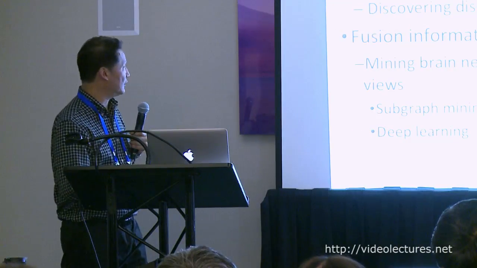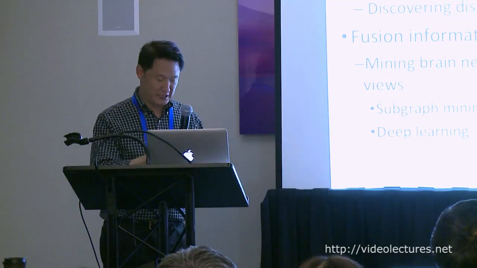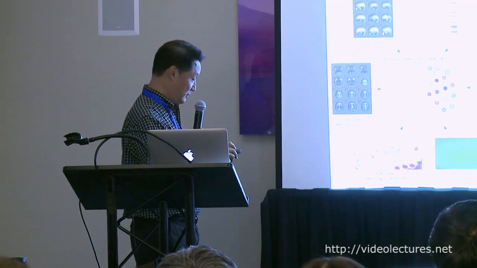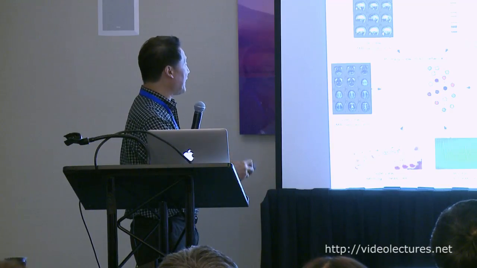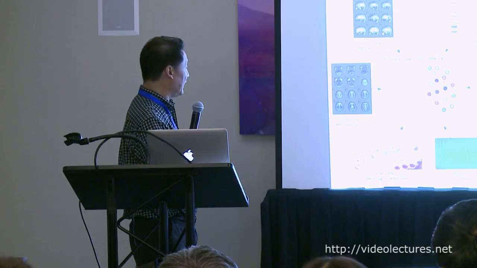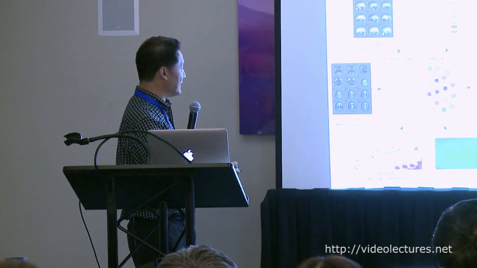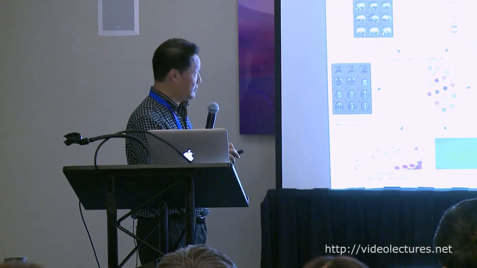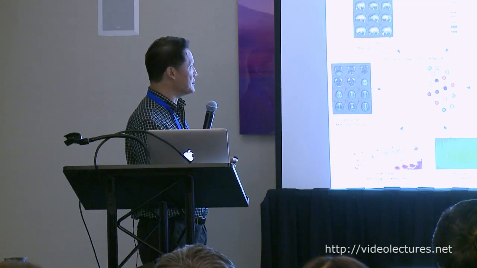Okay, so the next thing we want to look at is how to fuse information from multiple sources. This image is not the only type of information we can get. There are also cognitive measures, and blood tests, all those different types of information. So the issue is how can we use them?